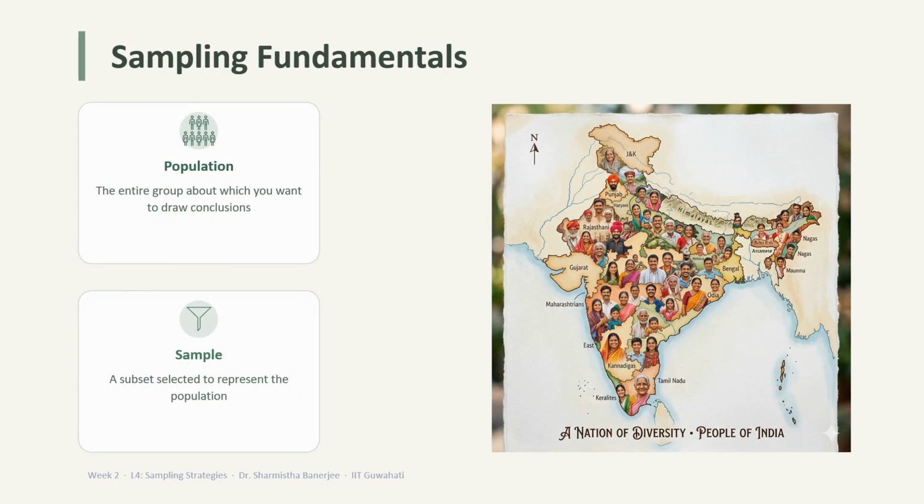So, let's look at sampling fundamentals first. Population implies the entire group about which you want to draw conclusions. Let's say you are interested in a particular research question which deals with Indians. Now, if I look at West Bengal over here and Gujarat over here, there is a lot of difference even between these two particular states.